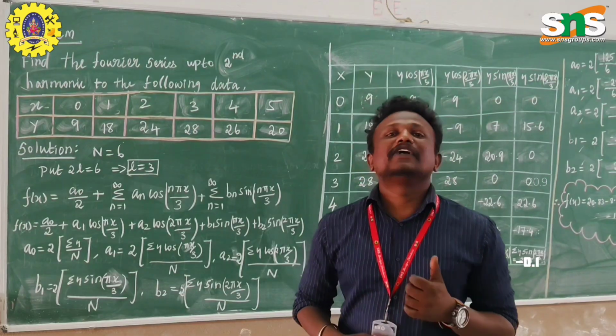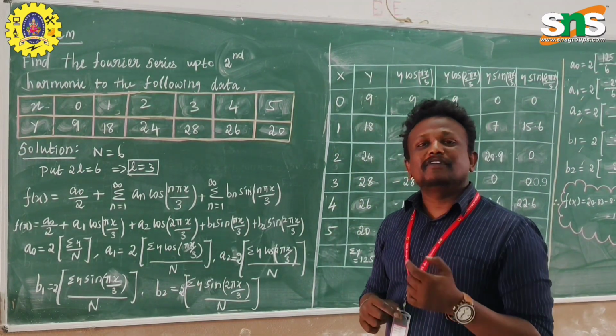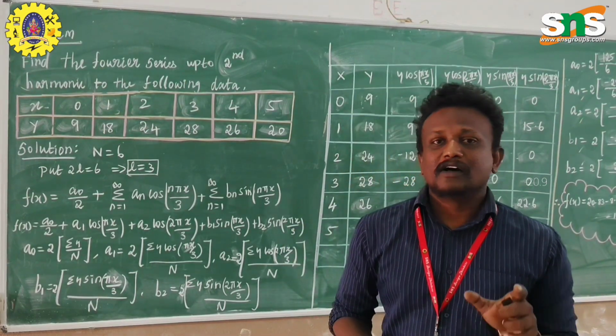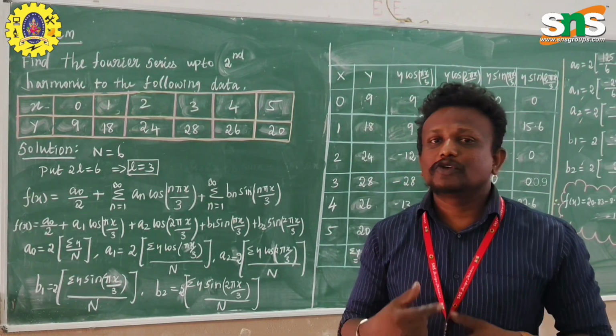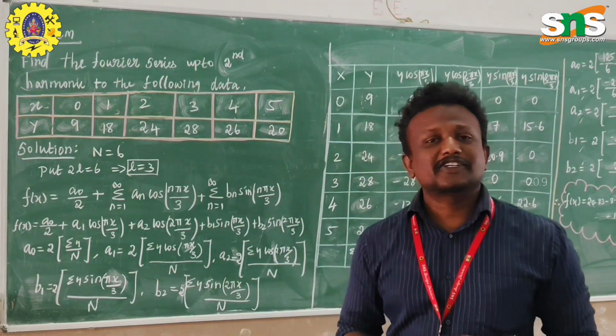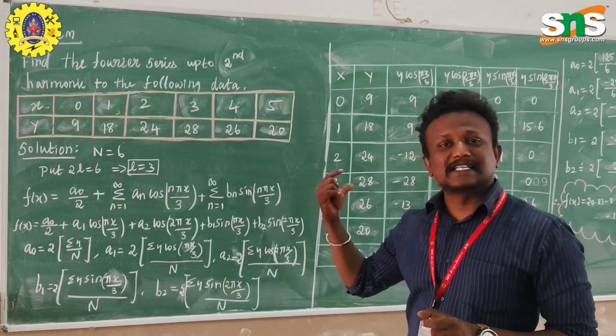In this session, we are going to discuss how to solve this problem. Before we dive into solving it, let us have a quick review of what we are going to do. There will be three steps. In step one, we are going to write the necessary formula to solve this problem.